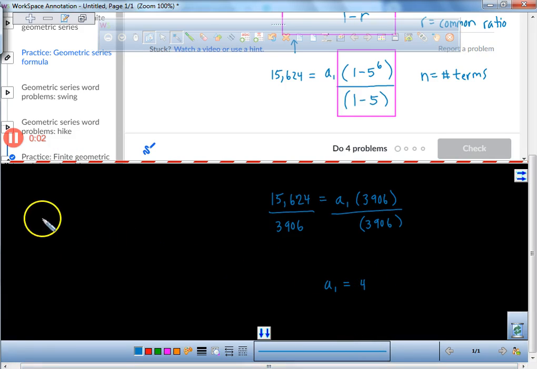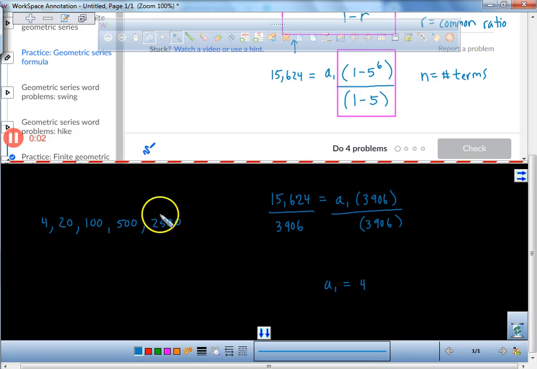So what would this mean if we actually had a pattern? If we multiply this by 5, what do we get? We get 20. Multiply that by 5, we get 100. Multiply that by 5, we get 500. Multiply that by 5, we get 2,500.